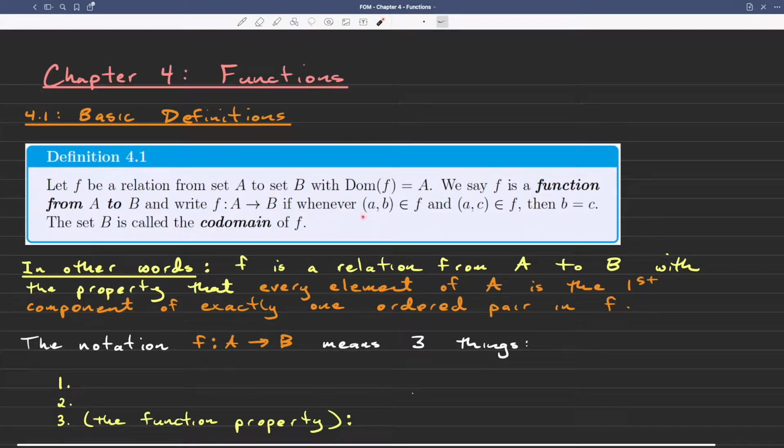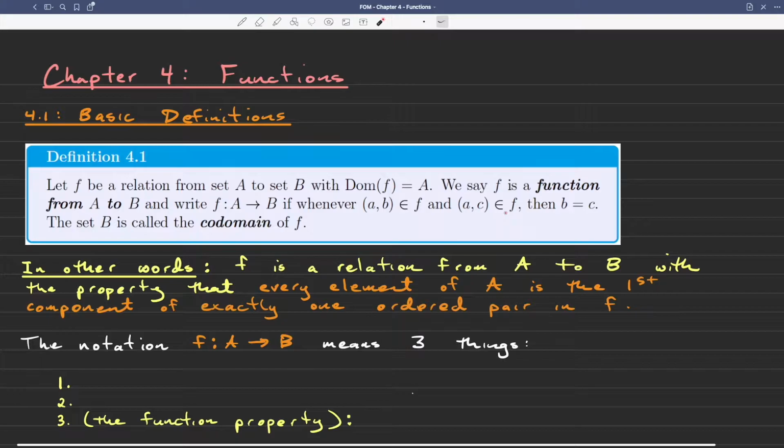This ordered pair-based definition of functions is handy because functions are relations and relations are collections of ordered pairs. So whenever we want to think about functions as relations and use set theoretical proofs of things involving functions, converting things into ordered pairs like this is nice.